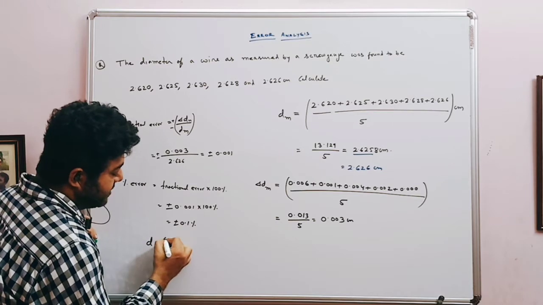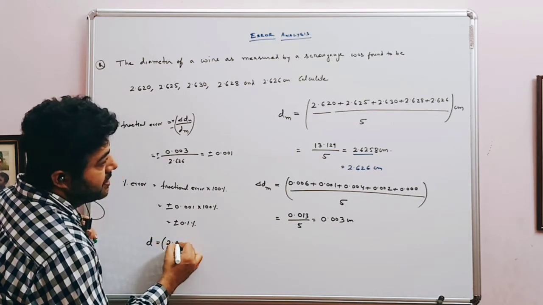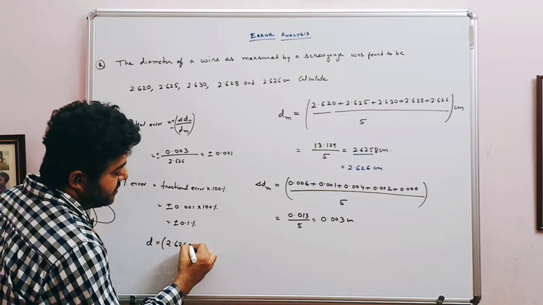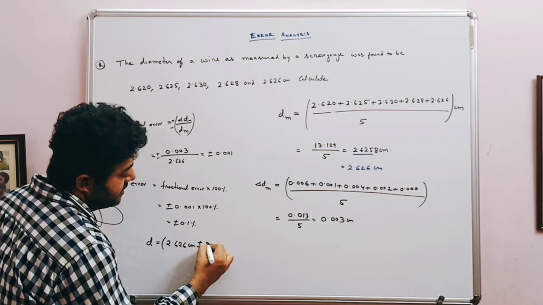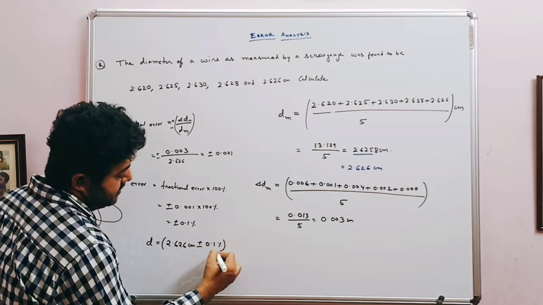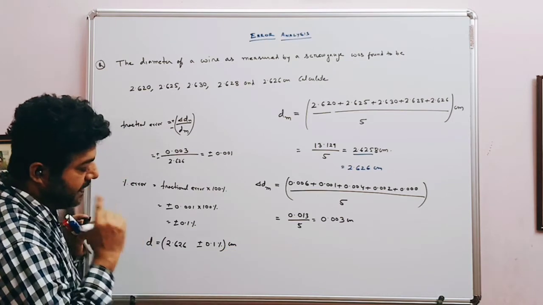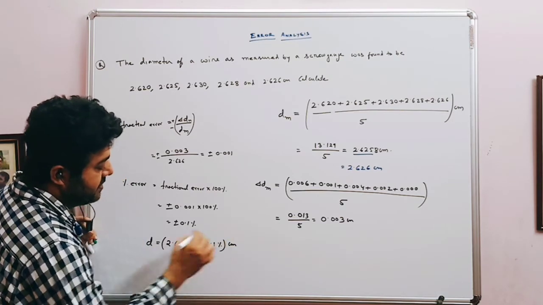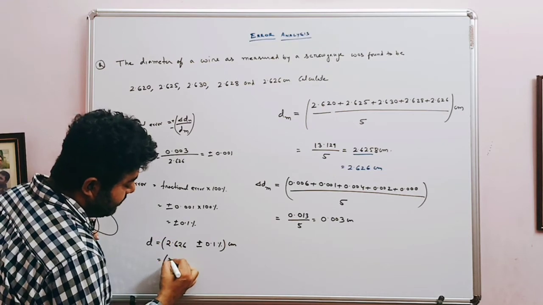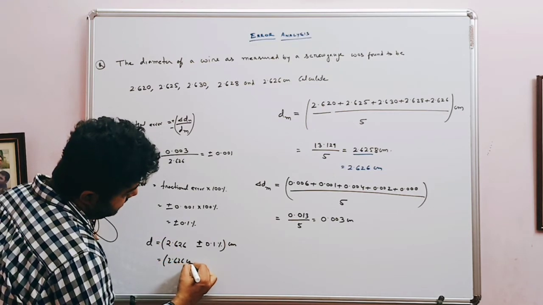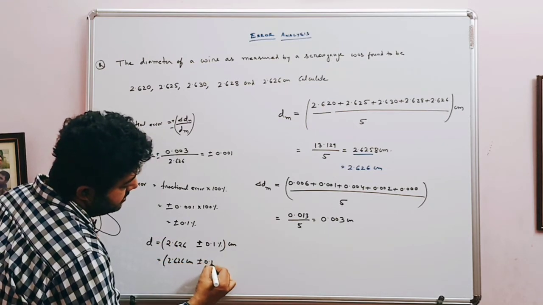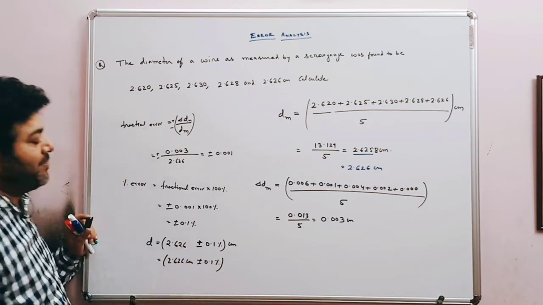So how do we express the diameter? 2.626 centimeter plus minus 0.1 percentage, or you can put this centimeter outside the bracket. Or you can put 2.626 centimeter plus minus 0.1 percentage. The same answer you have.